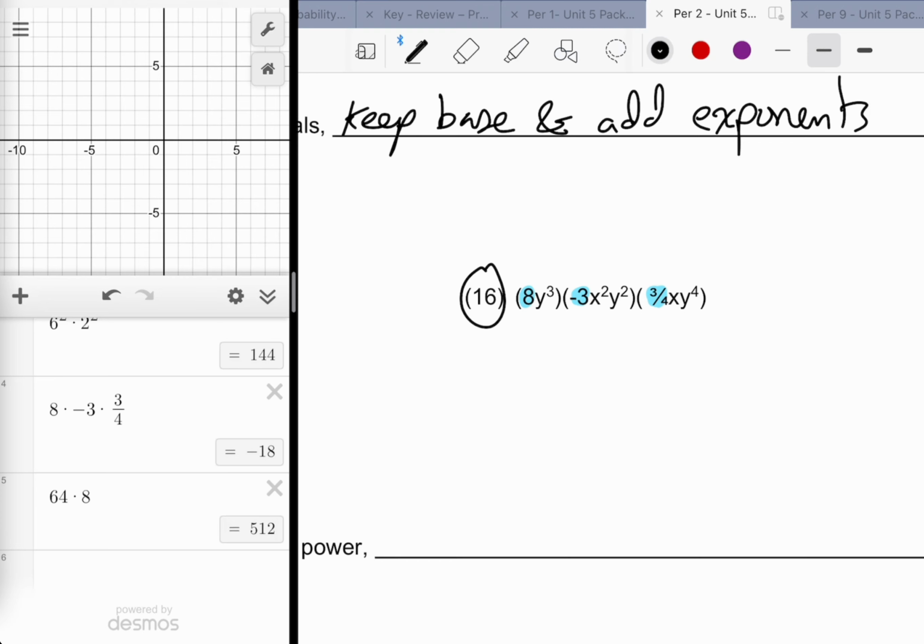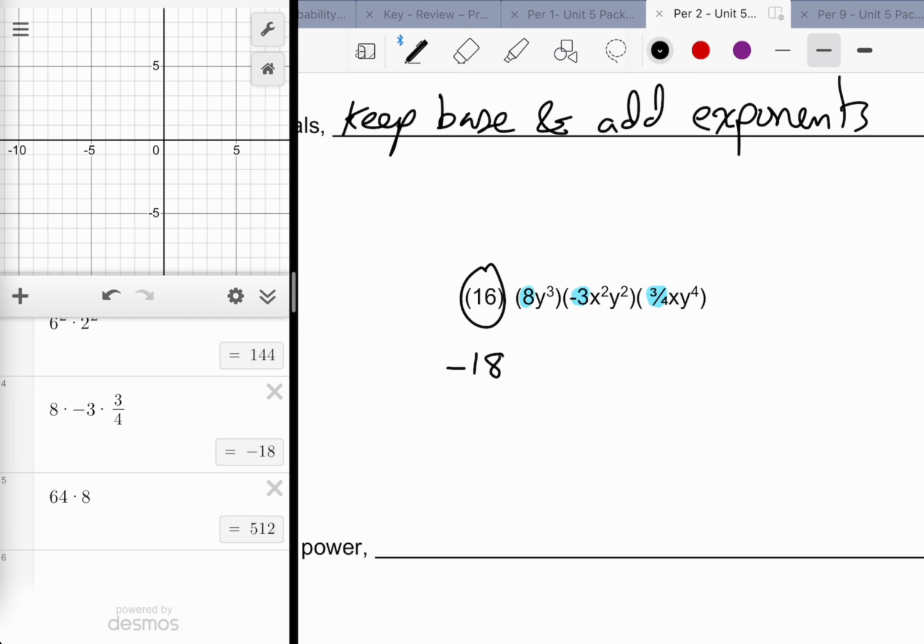Multiplying by 3/4 means you multiply by the top number and divide by the bottom, or go the other way around. So I have negative 24 already. Divide that by 4 gives me a negative 6. Multiply by a positive 3 gives me a negative 18.